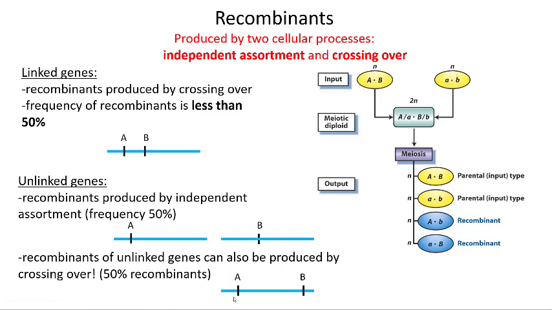And at some point, big A is no more likely to be inherited with big B than it is to be with the allele that is found on the other homologous chromosome. So therefore, you can actually get recombinants in unlinked genes. This would give you 50% recombinants, also by crossing over.